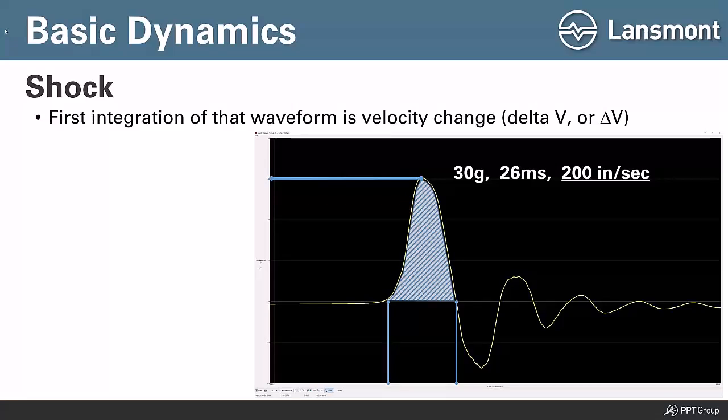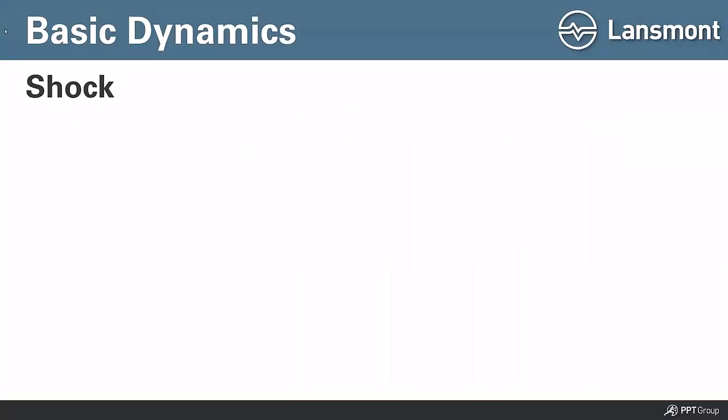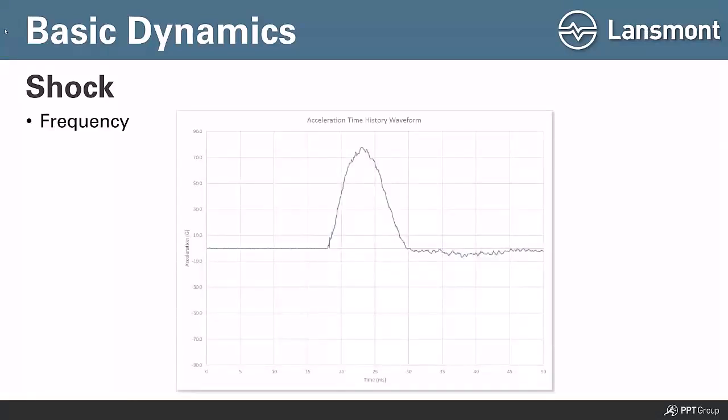Because we know it lasted over 26 milliseconds, the computer, or the data acquisition system, does the integration and says that has 200 inches per second of velocity change. That's super important when trying to understand the true severity of shock pulses, not just the acceleration amplitude, but also the velocity change associated with that shock event.